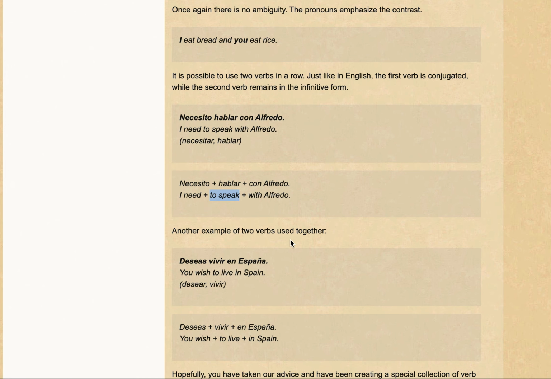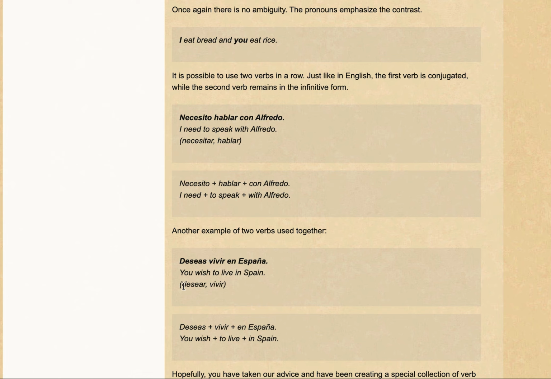Another example of two verbs used together: deseas vivir en España. Vivir is in its infinitive form.